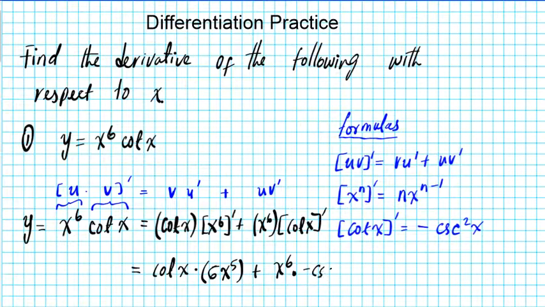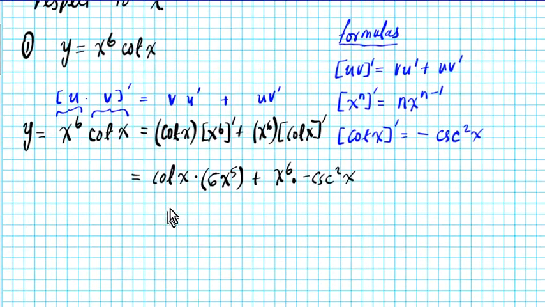Negative cosecant square x. And then when we simplify this and refine it, we have our final answer, 6x to the 5th cotangent x. This minus here will be multiplied by this plus, so negative x to the 6th cosecant square x. That, ladies and gentlemen, is your final answer.